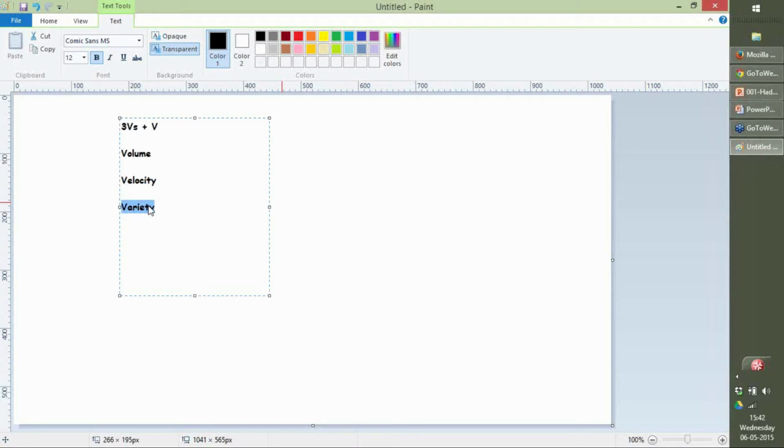Variety means different types of data. My system should be ready to take any type of data: structured, semi-structured, and unstructured. If we take RDBMS, it can deal only with structured data. So RDBMS cannot handle big data.